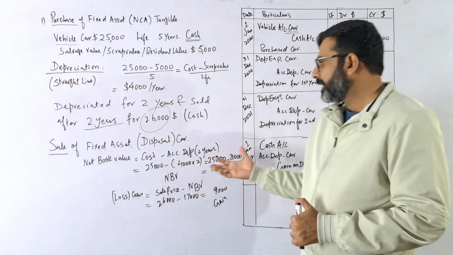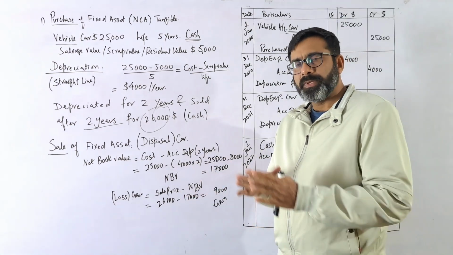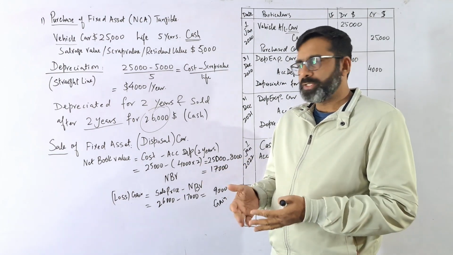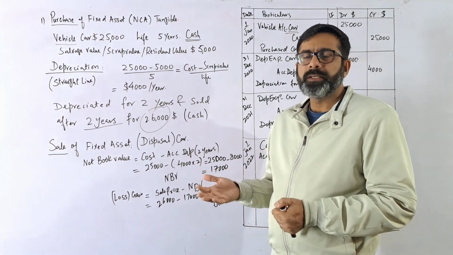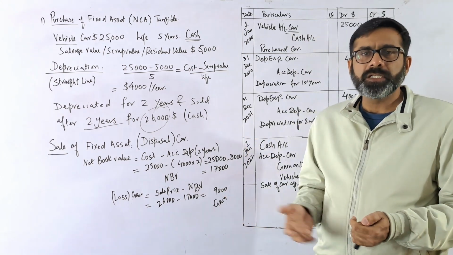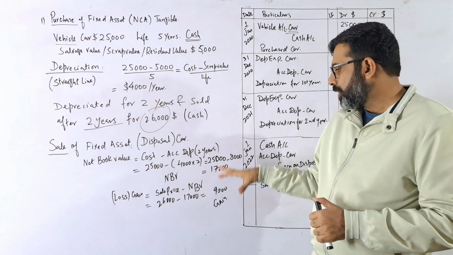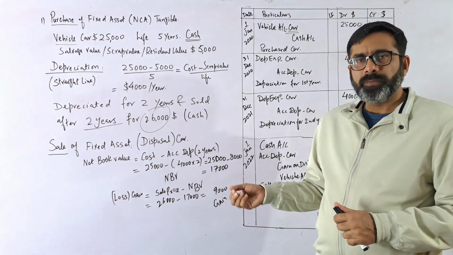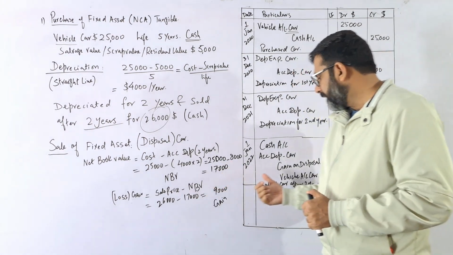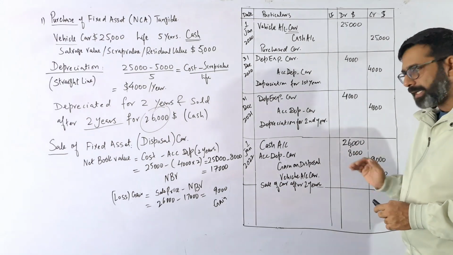And the last one, if it is disposed of, there's a possibility that on the disposal you are getting some benefit, like a gain on the disposal, or there's a possibility there is a loss on the disposal. So loss or gain, both will be calculated, and then it will be entered in the books of account in the debit and credit form.